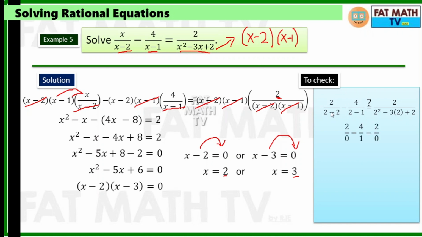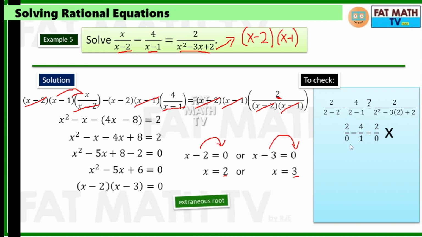And then 2 minus 2 is 0. 2 minus 1 is 1. 2 squared is 4 minus 6. That's negative 2 plus 2 is also 0. And then 2 over 0 is not defined. Okay, so positive 2, or x equals positive 2, does not satisfy the original equation.